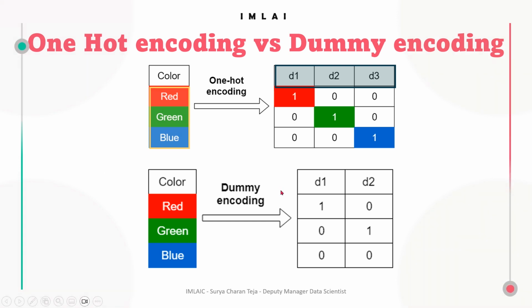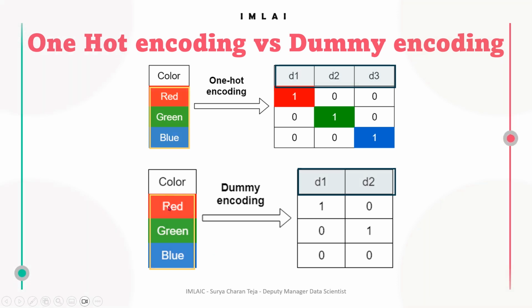But when it comes to dummy encoding, the same applies here also. You have three categories, that's n equal to 3. But the number of dummy features is equal to n minus 1, so you will have only two dummy features, d1 and d2. Then how are they encoded?